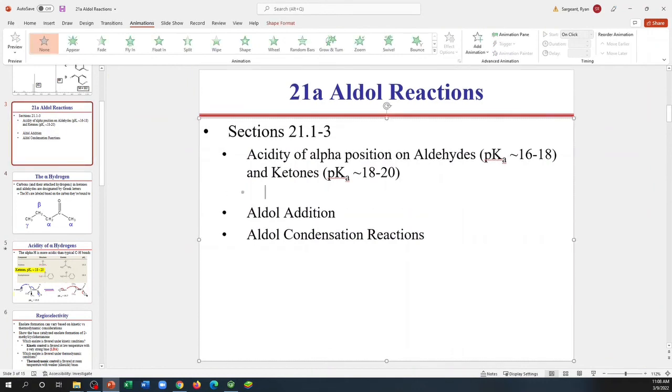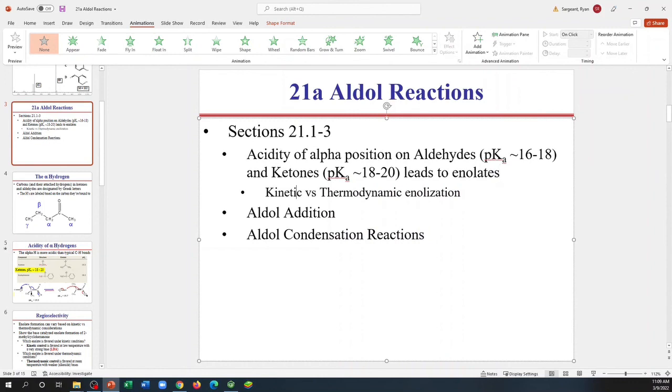And then we also talked about kinetic versus thermodynamic enolization. The reason that we wanted to think about the acid character at the alpha position of aldehydes and ketones was to think about what bases we could use to make enolates out of aldehydes and ketones.